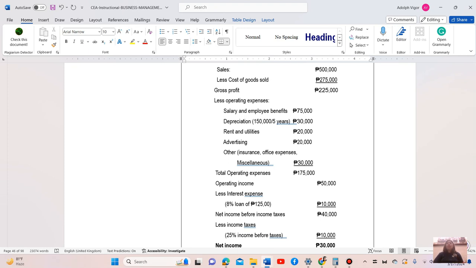Then the depreciation of the equipment: you divide 150,000 by 5 years, so you spread out the depreciation amounting to 30,000. You have rent and utilities of 20,000 and advertising 20,000, and other expenses like office expenses and miscellaneous, you have 30,000.